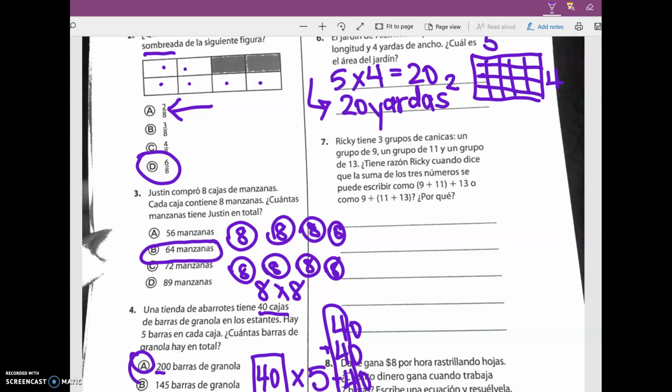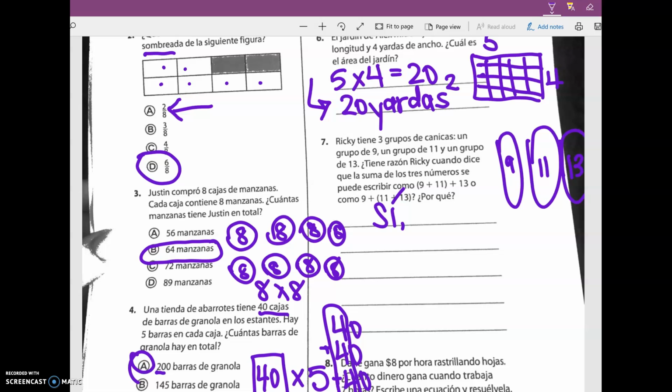Ricky tiene 3 grupos de canicas. Un grupo de 9, un grupo de 11 y un grupo de 13. ¿Ok? Tiene razón Ricky cuando dice que la suma de los tres números se puede escribir como 9 más 11 más 13 o 9 más 11 más 13. ¿Por qué?